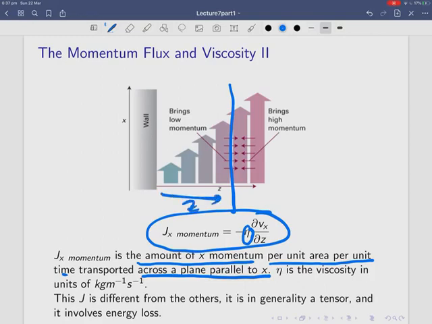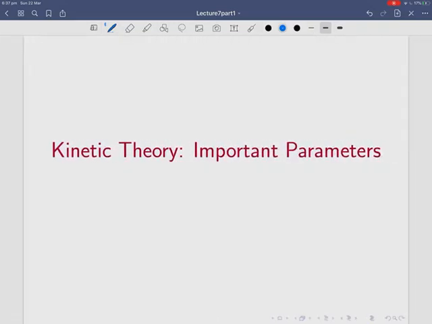So z here is normal, that's x, so Vx is pointing up there, and the momentum flux density is proportional to dVx/dz. And that's a bit weird, and it's generally a tensor, but we won't normally describe any tensor properties. But you can see it's likely to be a tensor here because we've got something in x and a variation in z. So that's the momentum flux.